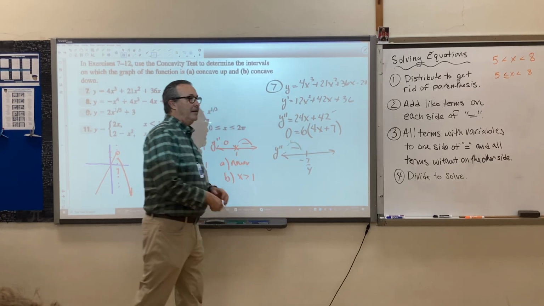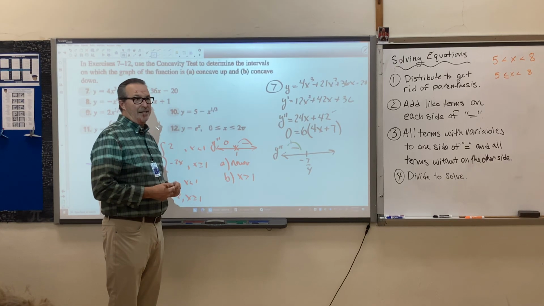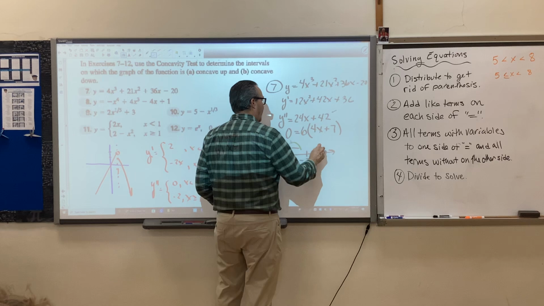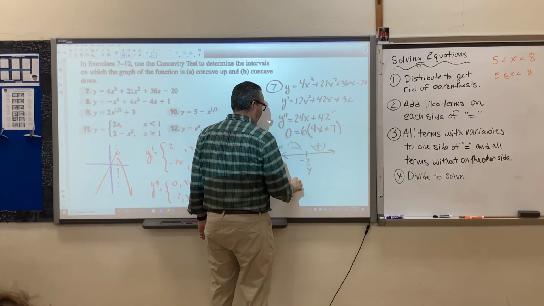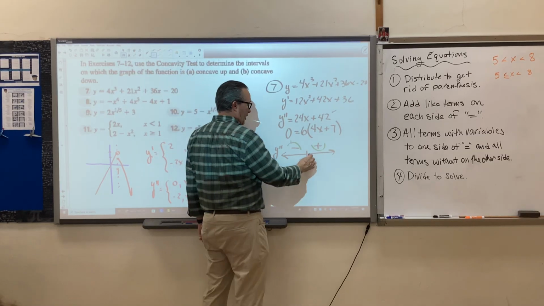How about the sign of the second derivative for any number to the right of -7/4, like 0. Positive. That means the function's concave up. So for A, we're missing where it's concave up.